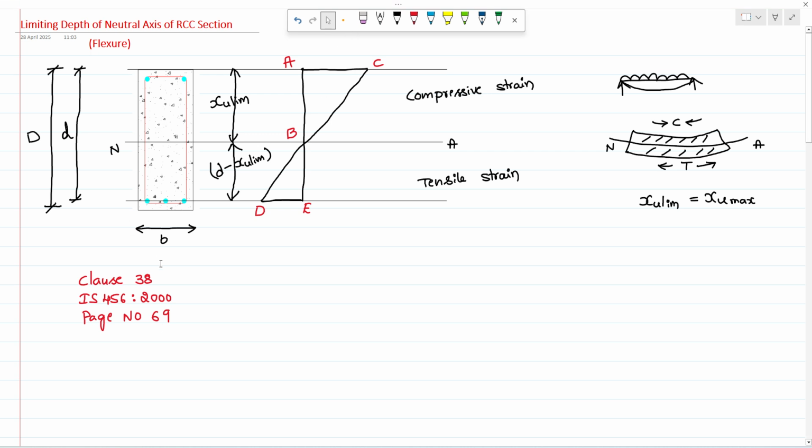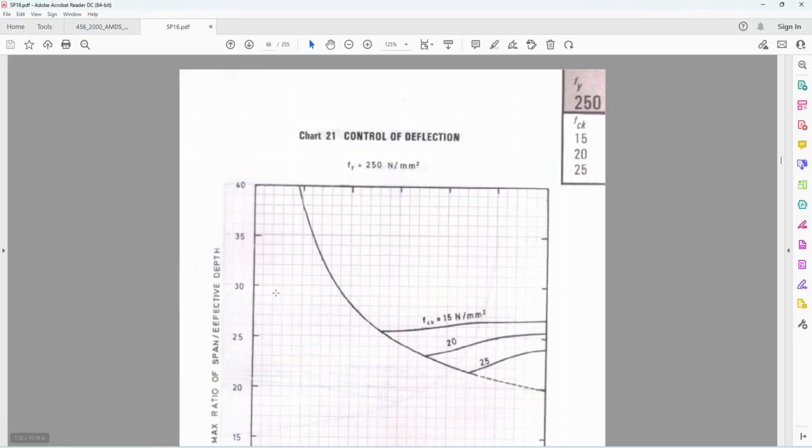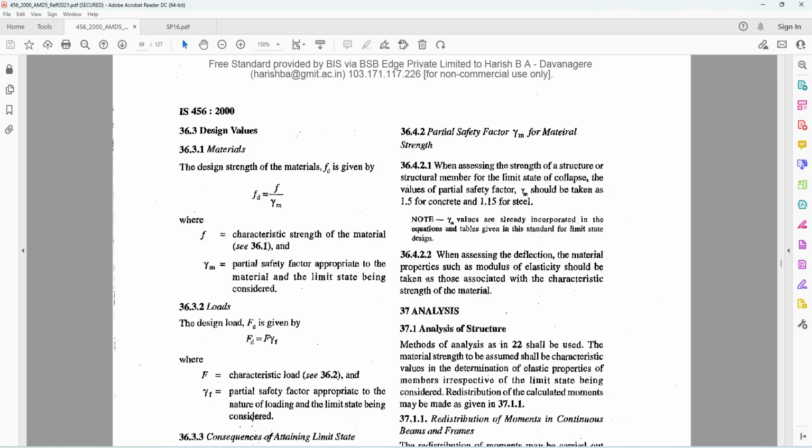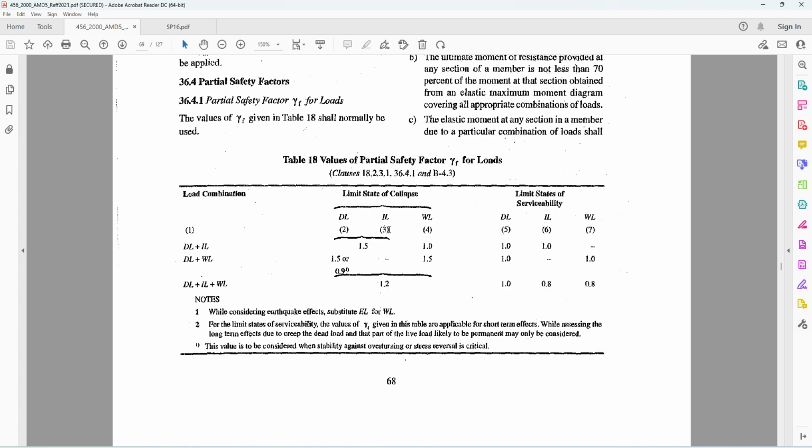So let me open the code. IS 456, page number 69.